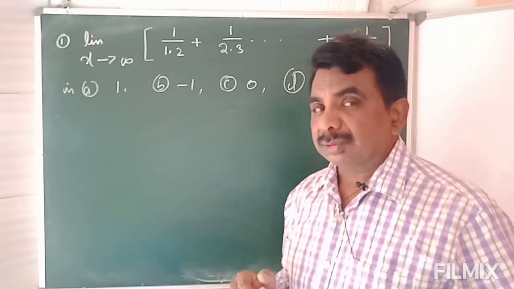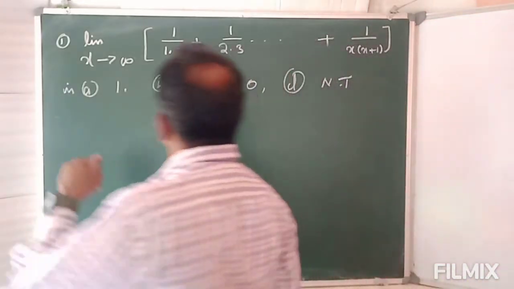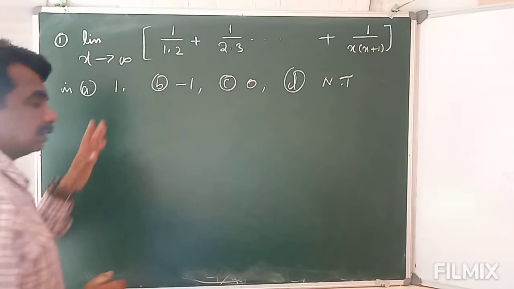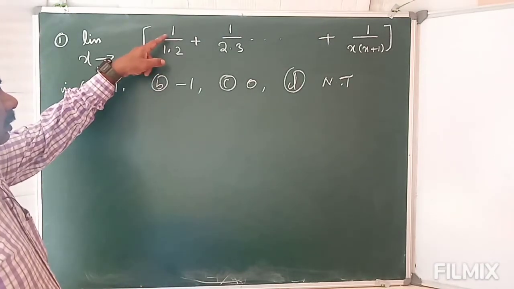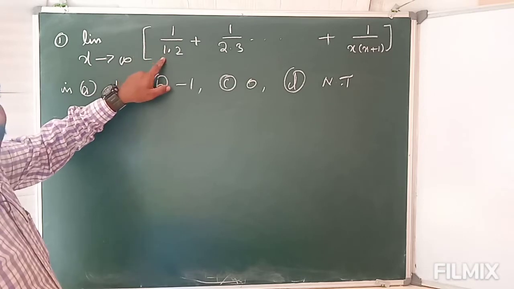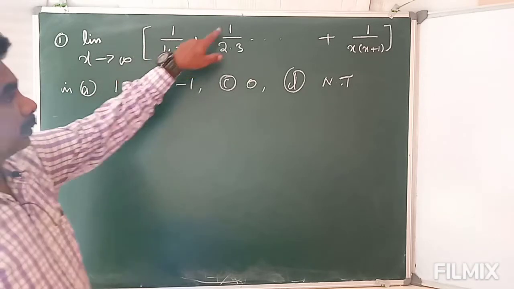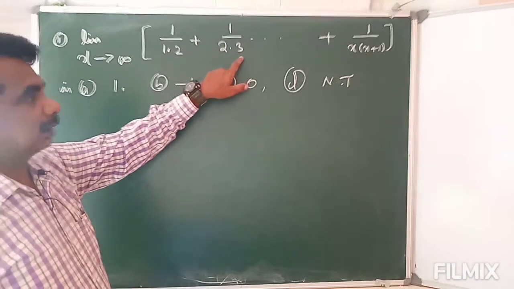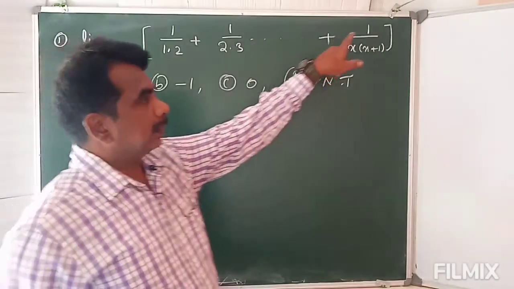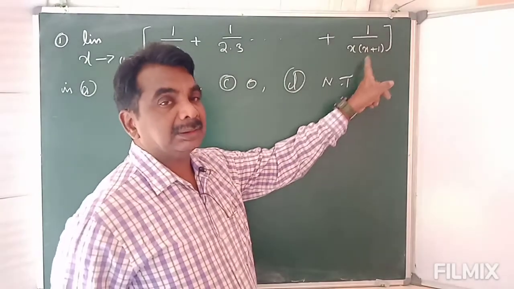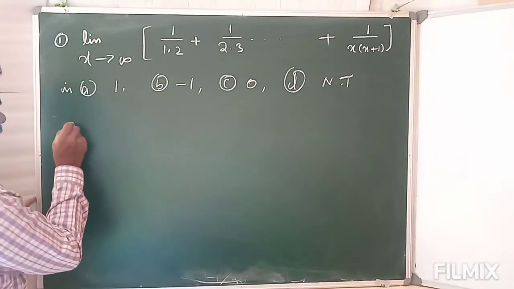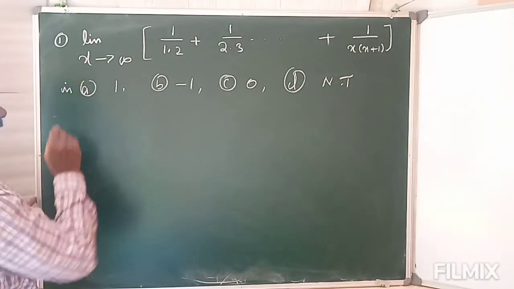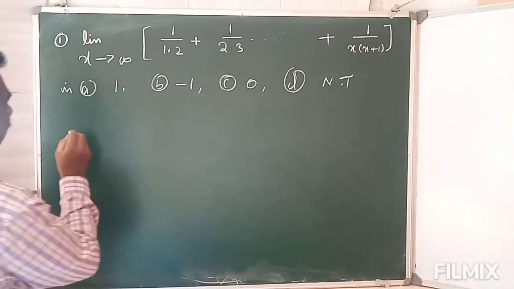How to solve? See, these all come only by working. See, what is this: 1 by 1 into 2 plus 1 by 2 into 3 and so on, 1 by x into x plus 1. Okay, I won't write limit x tends to infinity every time.